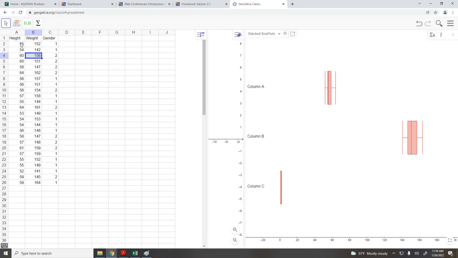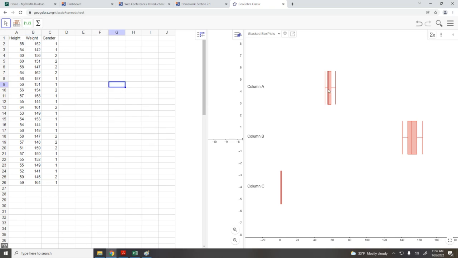Our data for height ranged from 50s to 60s, and the weight ranged from 120s, 140s to 160s, so it is from here up to here.